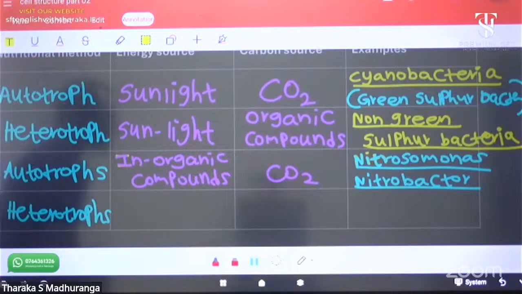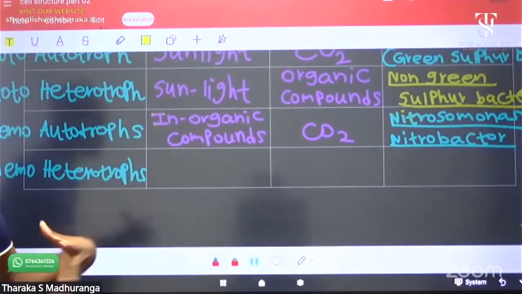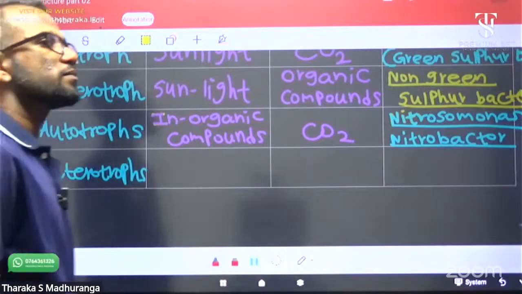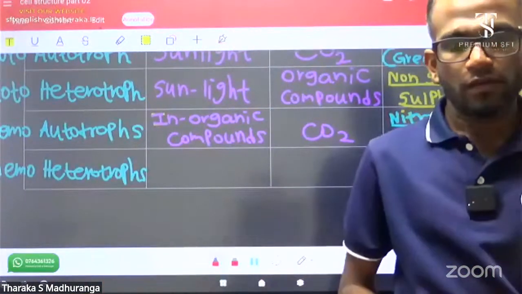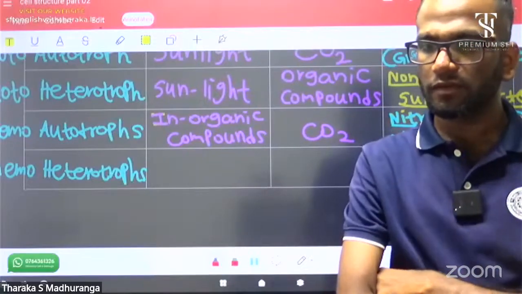Chemoheterotrophs, the final one. Normally we animals are chemoheterotrophs. Then what is our energy source? How do we get energy? From sunlight?